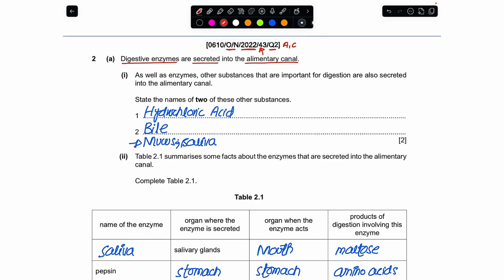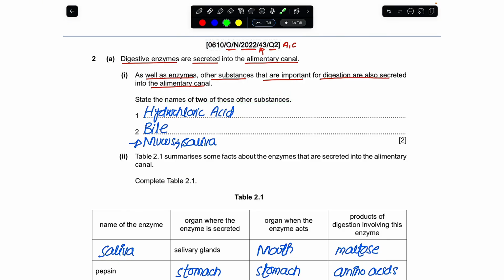They further tell us that as well as enzymes, other substances that are important for digestion are also secreted into the alimentary canal. So not only the enzymes, but some other substances are also secreted along with them, and for 2 marks they want you to state the name of two of those other substances.